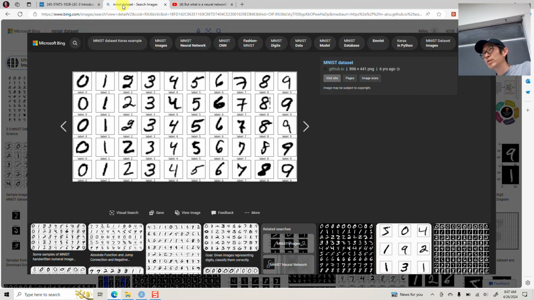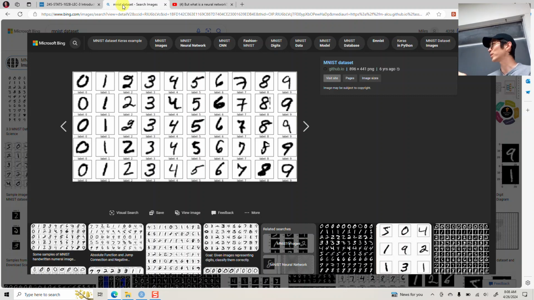And they said, this is slow. Can we speed this up with machines? So they wanted the computer to be able to read someone's handwriting and figure out what the corresponding zip code was.